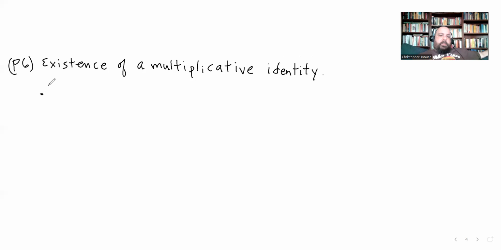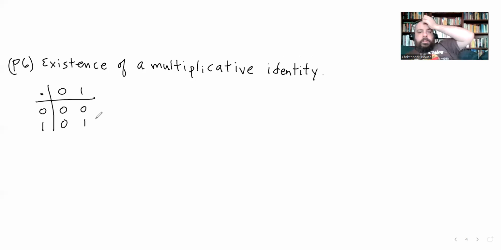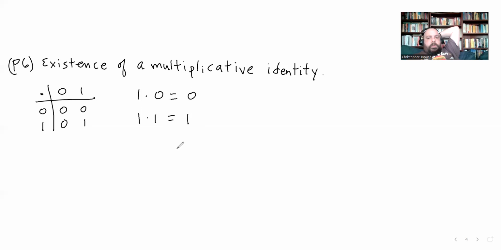So again, if you look at the table for multiplication, clearly there's a multiplicative identity. 1 times 0 is 0, 1 times 1 is 1. So 1 is the multiplicative identity.